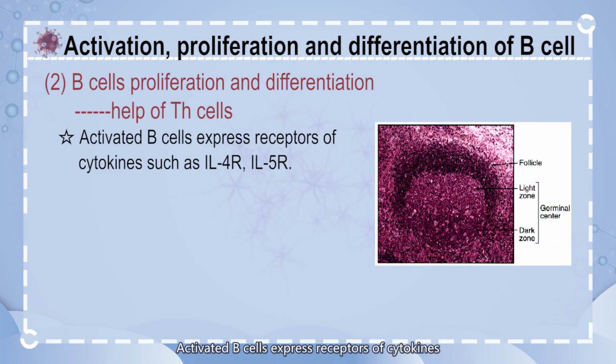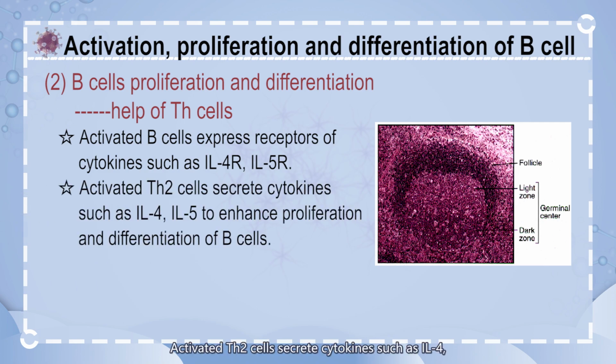Active B cells express receptors of cytokines such as interleukin-4 receptor and interleukin-5 receptor. Activated Th2 cells secrete cytokines such as interleukin-4 and interleukin-5 to enhance proliferation and differentiation of B cells.